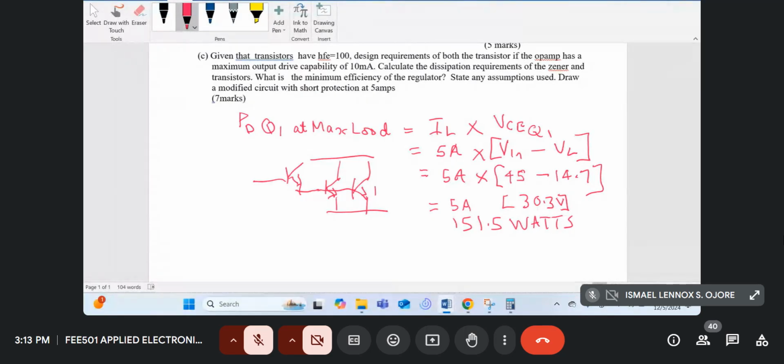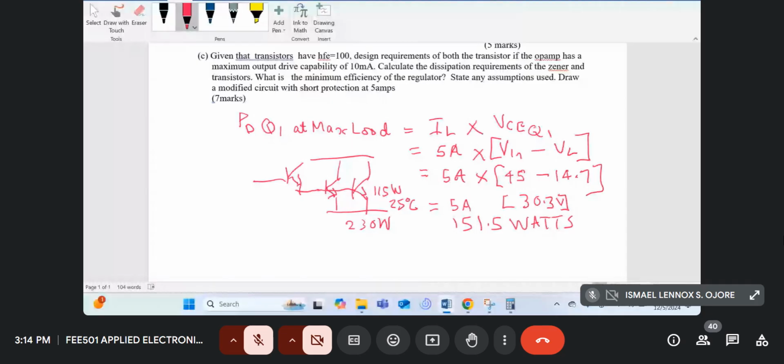So each can handle 115 watts at 25 degrees centigrade. So here now you got a total of 230 watts at 25 degrees centigrade. Then you design a heat sink, which will maintain a temperature close to 25 degrees centigrade. But since this is a theoretical exam problem, that's the power dissipation of the transistor required, 151 watts.